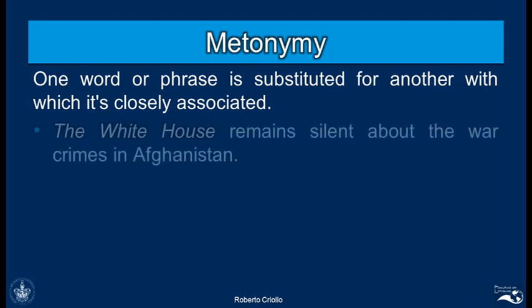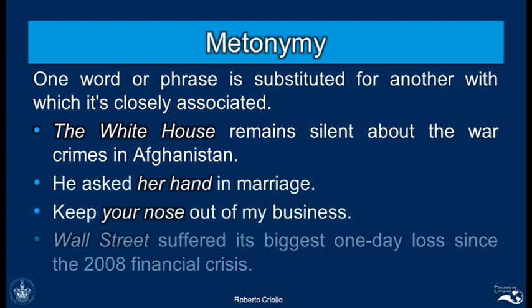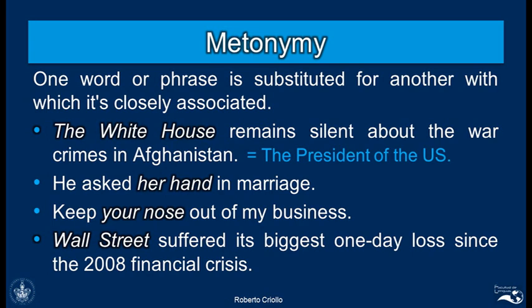For example, when we say "the White House remains silent about the war crimes in Afghanistan," or "he asked her hand in marriage," or "keep your nose out of my business," or "Wall Street suffered its biggest one-day loss since the 2008 financial crisis," we know that the White House means the President of the United States, that her hand means her, that your nose means yourself, and that Wall Street stands for the stock market. So in each of these examples, a word or expression is replacing another one to which it is closely related, and we call this metonymy.